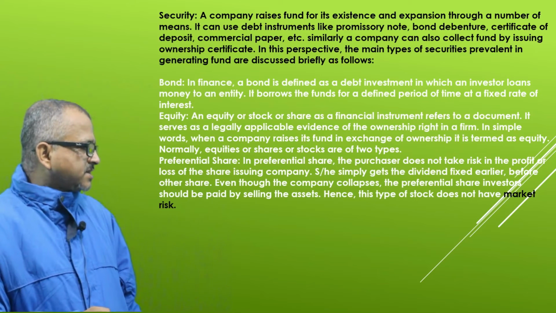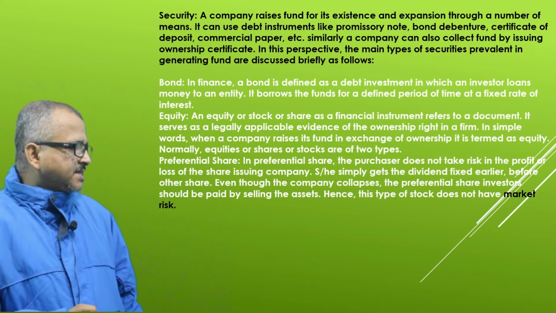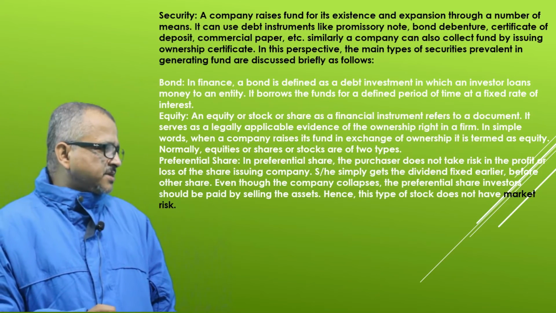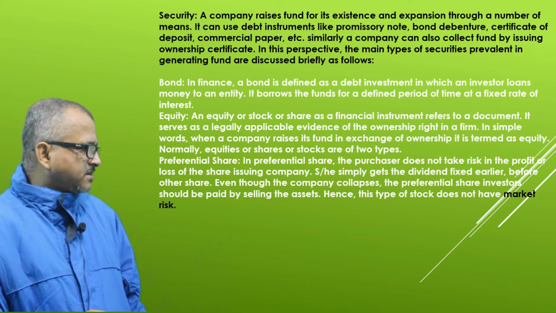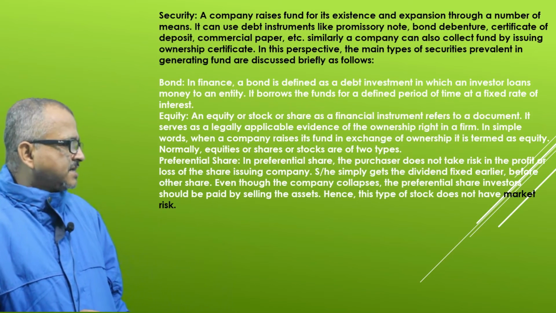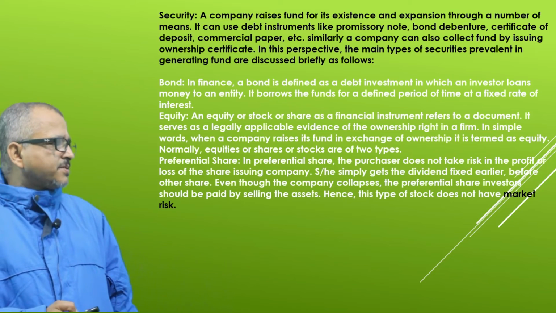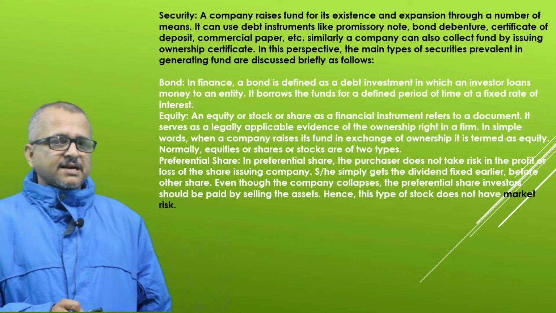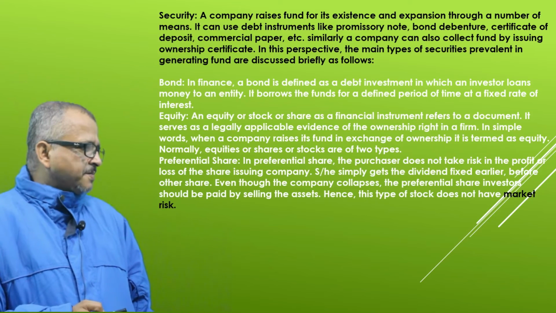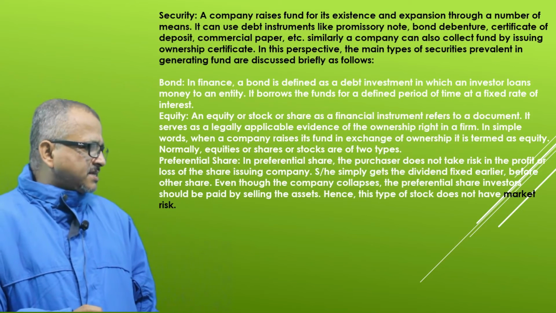Two types of share are here. First one is the preferential share. The purchaser does not take any risk on profit, loss or the sharing issues of the company. यसमा प्रोफिटियल सेयरबाट त्यो सेयरहोल्डरलाई कम्पनीको नाफा र घाटासँग it doesn't care about it. Okay, here he simply gets the dividend fixed earlier.